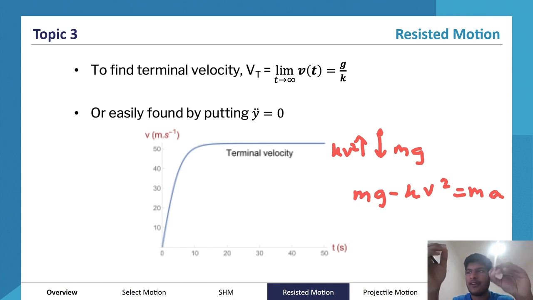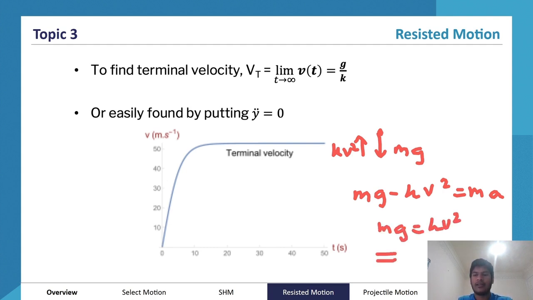Because it's approaching that velocity and it's almost hit that maximum velocity. It can't go any faster than that. That means that the acceleration is approaching 0, and so we end up with mg equals kv squared, and so we get v equals the square root of mg on k, or if it's a unit mass, or if it's not a square expression, we get mg equals mkv, for example.